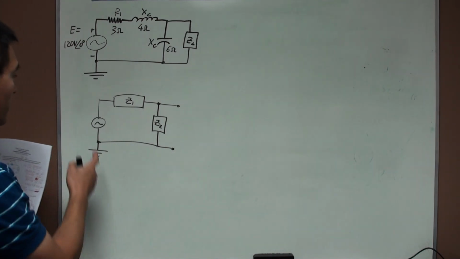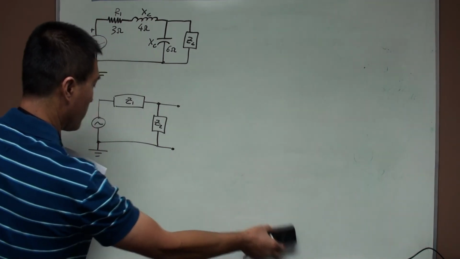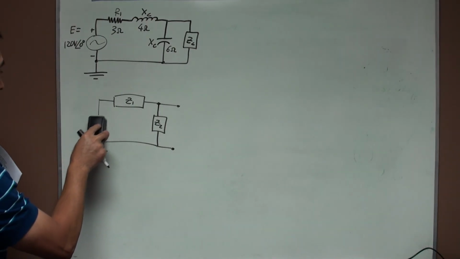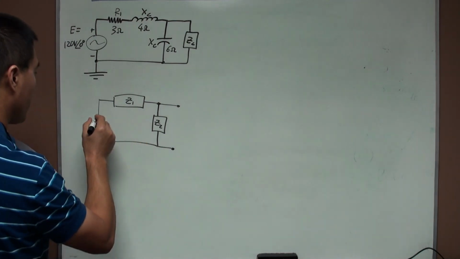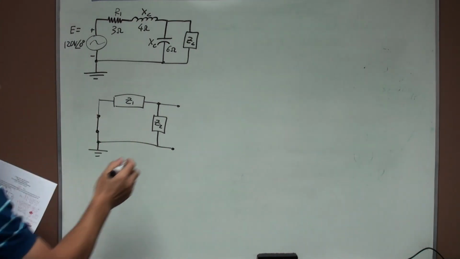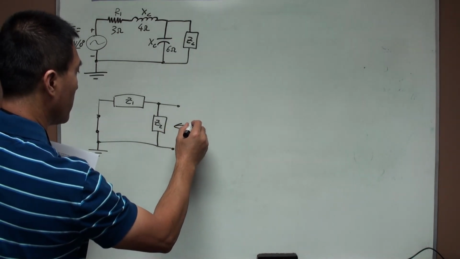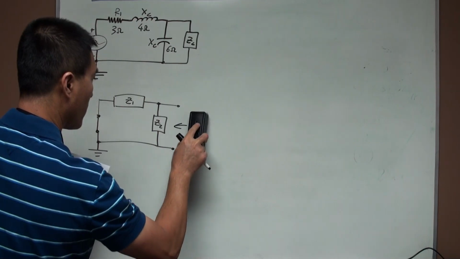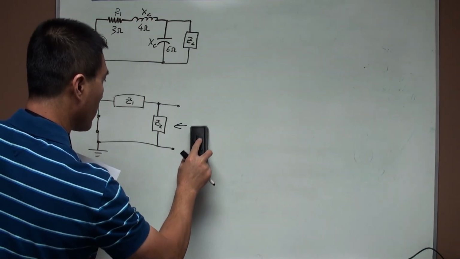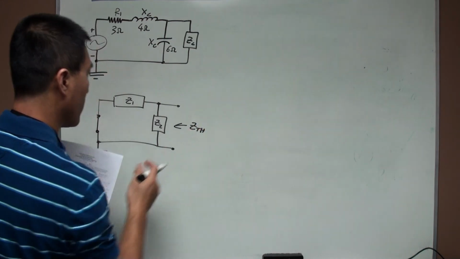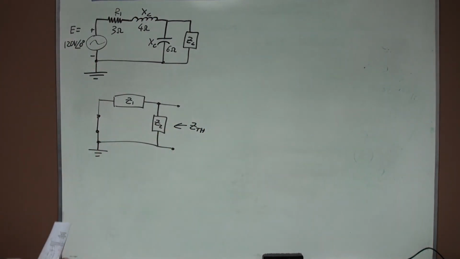For the first step, we use a short circuit to replace the voltage source. And the Thevenin impedance is the impedance from the two terminals.